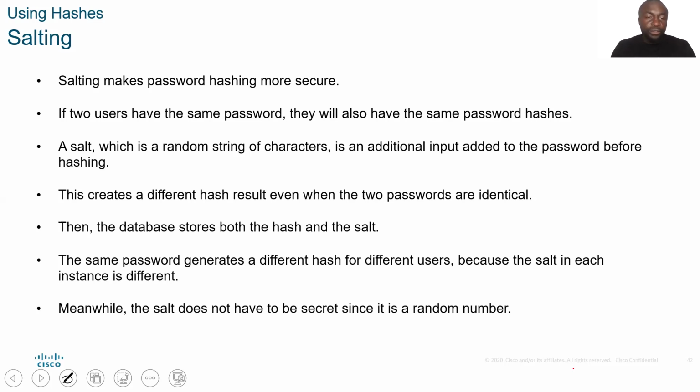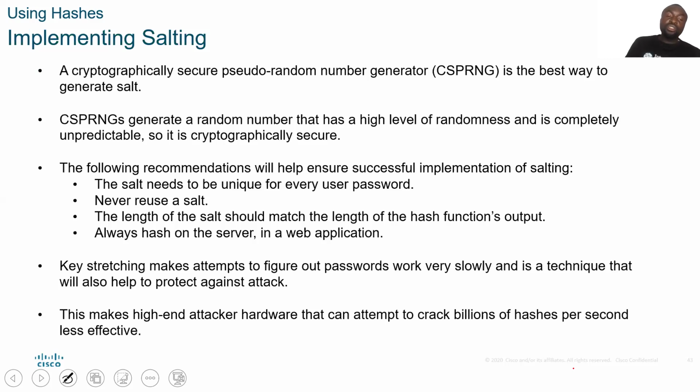This creates a different hash result even when the two passwords are identical. So when the database stores both the hash and the salt, the same password generates a different hash for different users because the salt in each instance is different. Meanwhile, the salt does not have to be secret since it's just random.